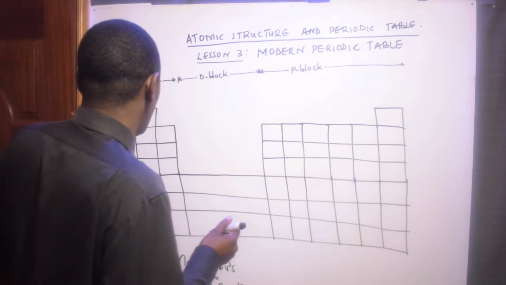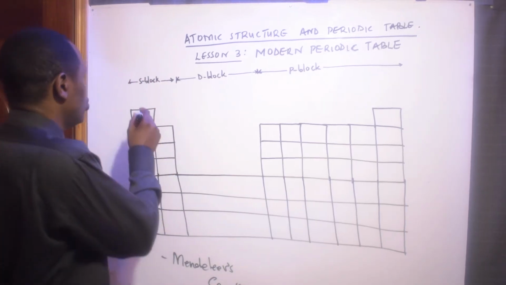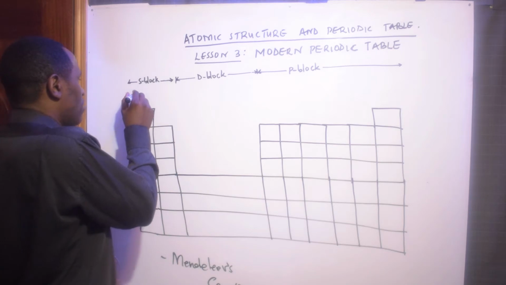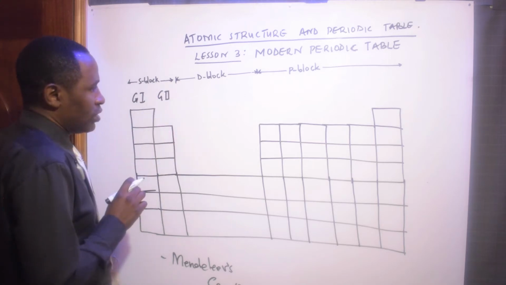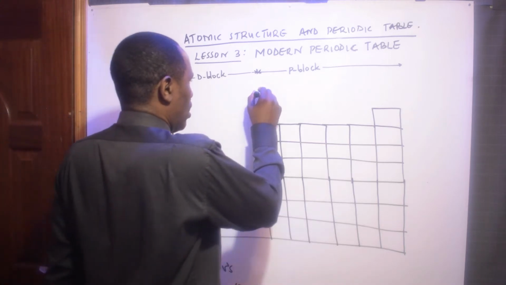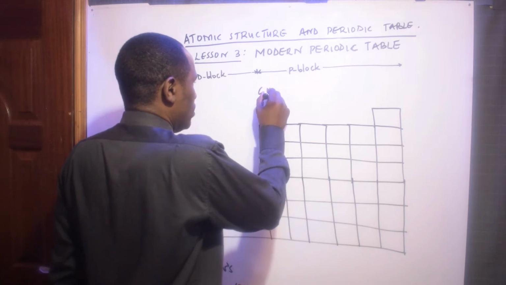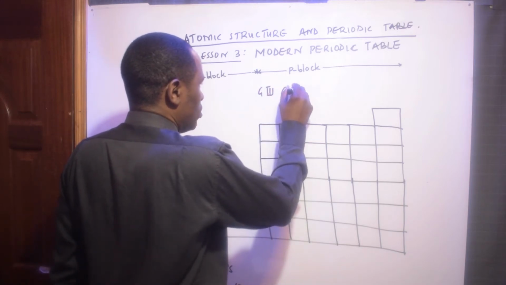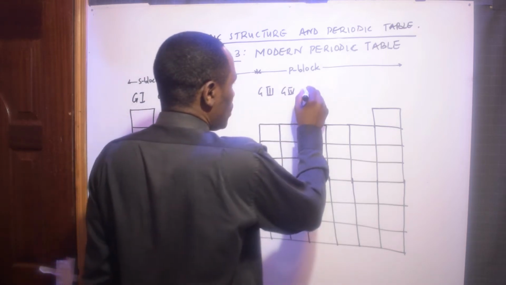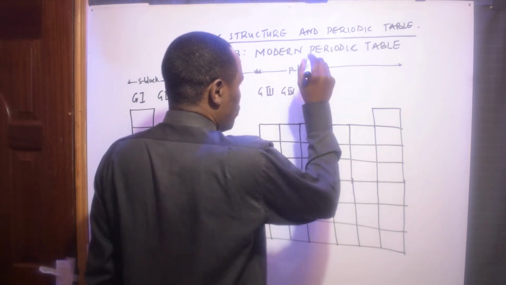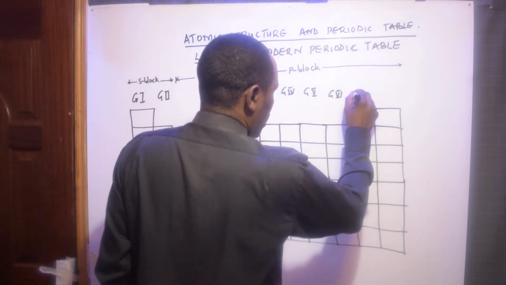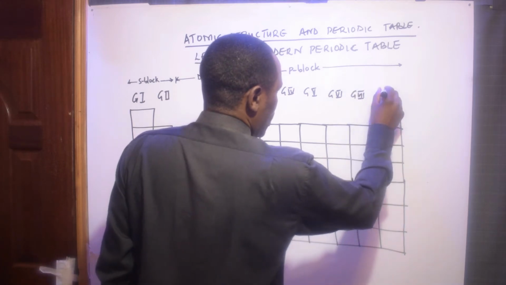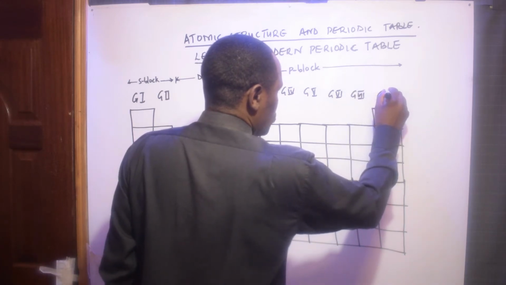And these groups will be named using Roman numbers. Therefore, I'm going to have group 1, group 2, I'll jump here, and I'm going to have group 3, group 4, group 5, group 6, group 7, and group 0.